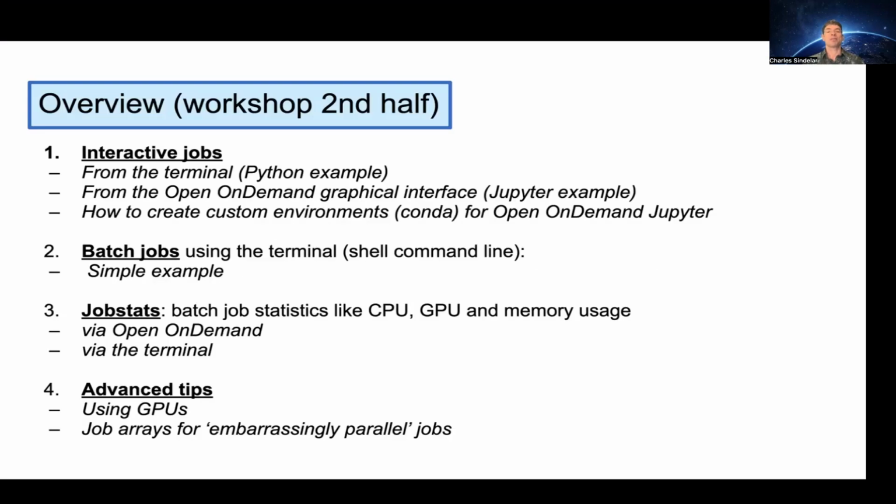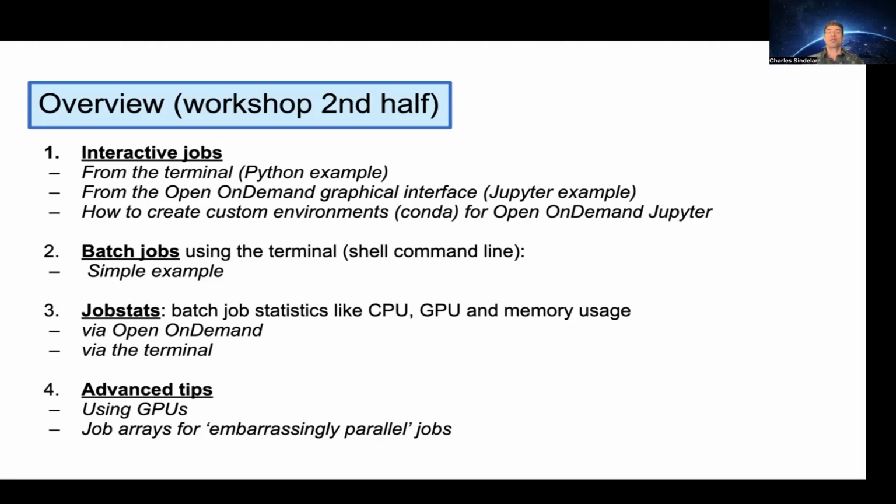This is an overview. I'll be periodically returning to this slide to help keep you oriented on where we are in the presentation. First, I'll show you how to run interactive jobs, which are the easiest way to get going on our cluster and allow you to perform simple tasks that take under a day. Next, I'll show you how to run batch jobs, which allow you to take full advantage of the power of our cluster, including multi-day jobs and jobs that take many cores and run in parallel.